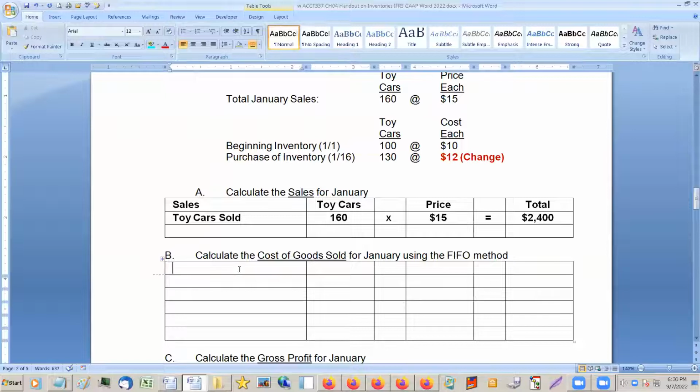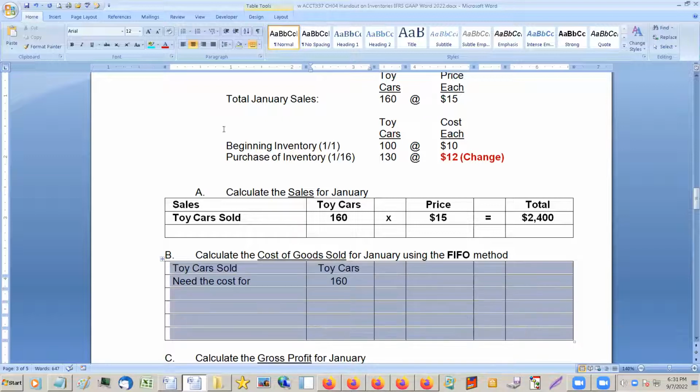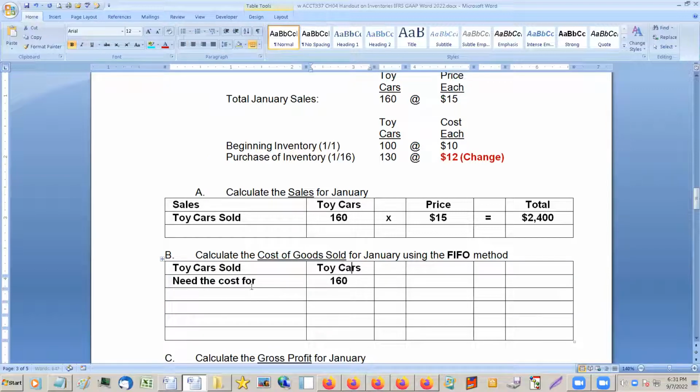Okay, so we're going to assume that it's the FIFO method. The first one in is the first one out. All right, so we need the cost for 160 cars.